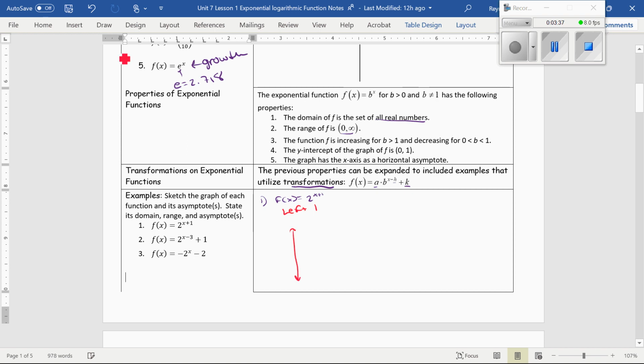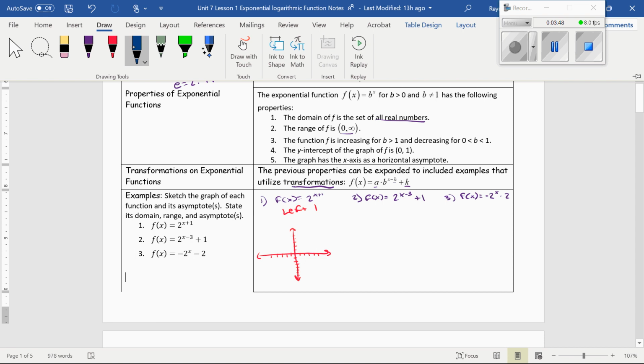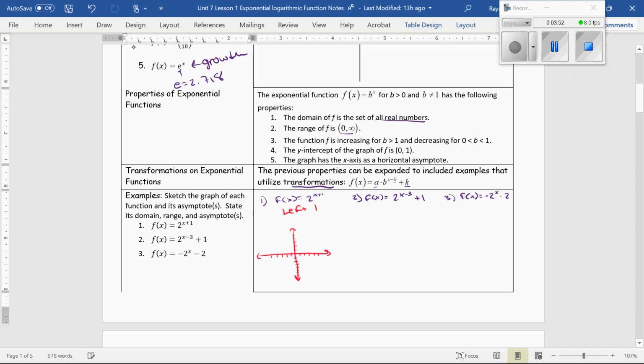So if you have a function that shifted left 1, you can get your points from a graphing calculator, but every parent graph will go through 0, 1. And so if this is going to move left 1, it's going to go through 0, 2 instead, because this point's going to move and then that point will move.